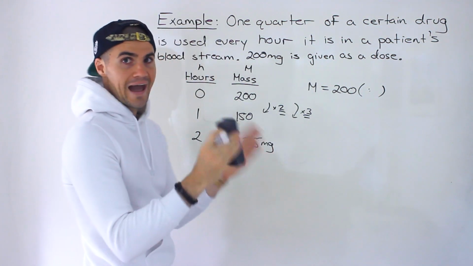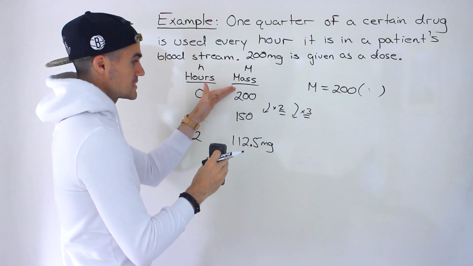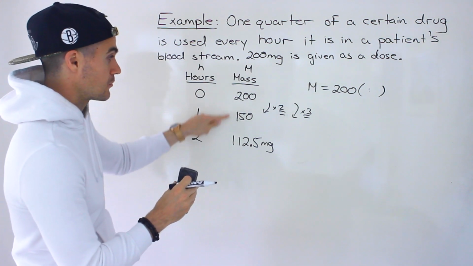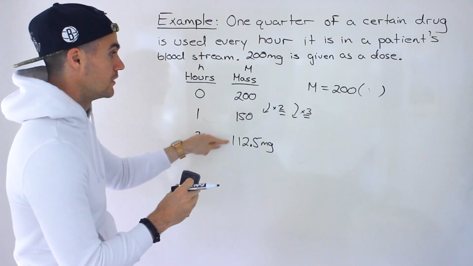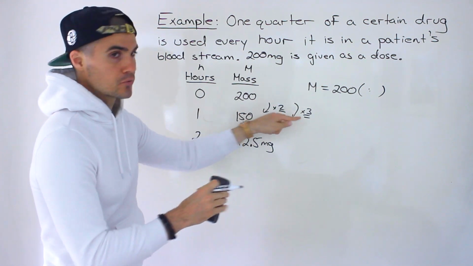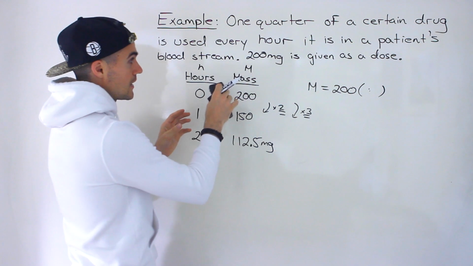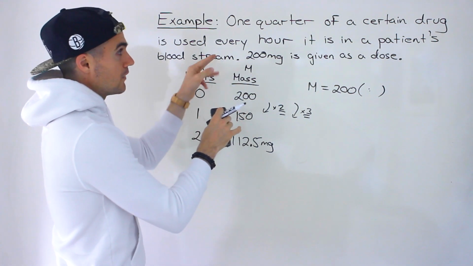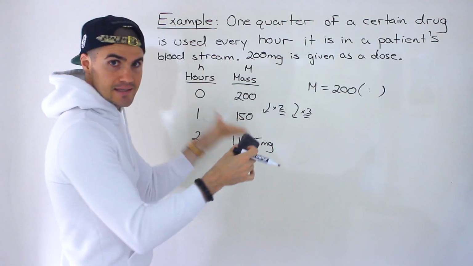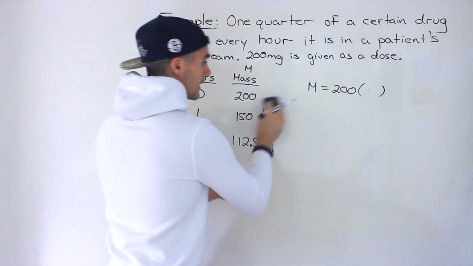Or if we were dealing with a half-life problem, right? If it was decaying, in this case, this is a decaying problem because notice that the mass is going down. So it's not like a doubling or tripling problem where the mass is going up, where the amount of this drug is growing, right? It's decaying in the bloodstream, so it's going down.